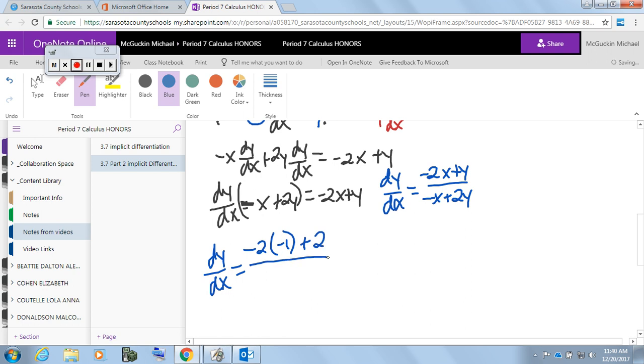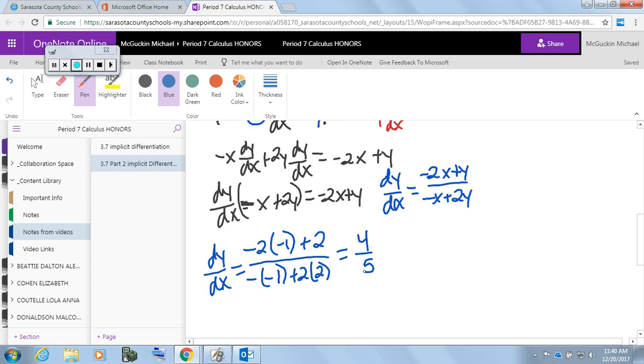And then on the denominator, it was negative times negative 1 plus 2 times 2 in this case. And so when we combine everything together, you're going to see that we equal 4 over 5. All right, and so that actually gives us the slope of the tangent line at the particular point, negative 1, 2.